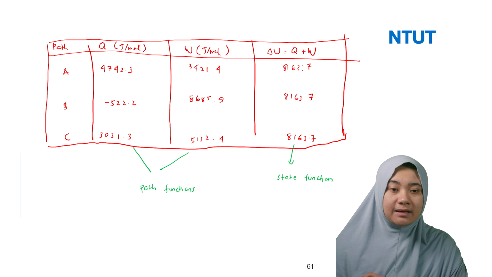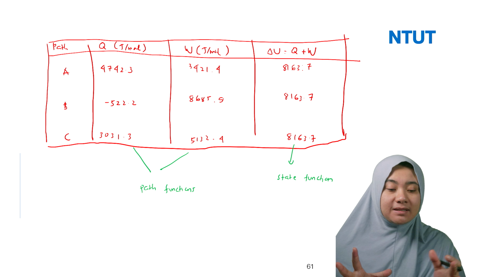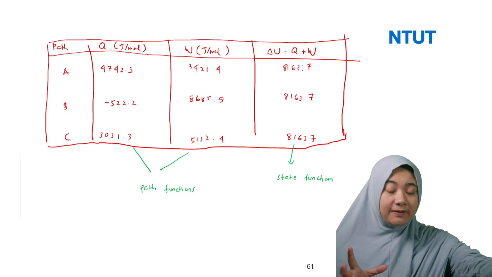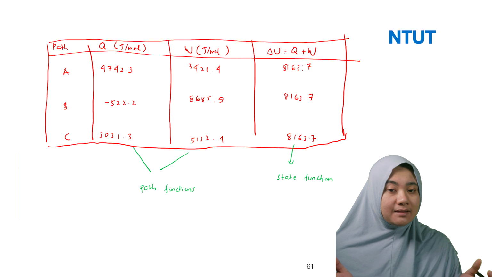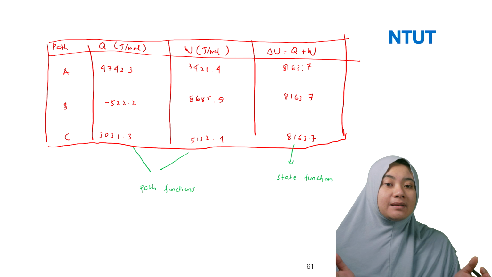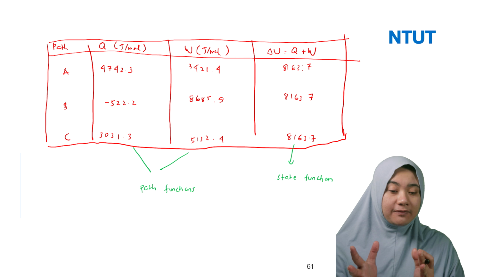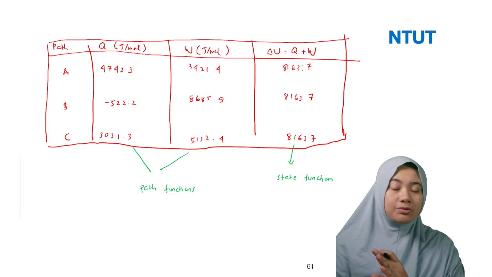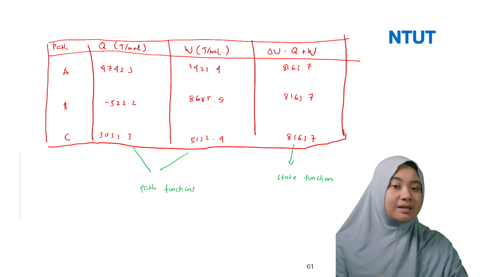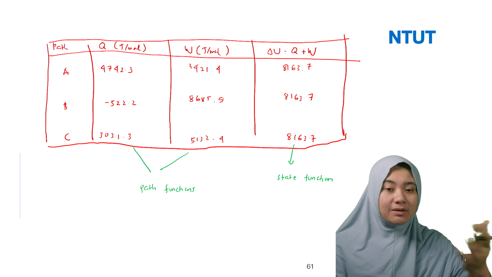That's the reason why, for path functions, even when you go to the same final state by a different path, the result is totally different. For example, if you would like to evaluate some processes and know which one is more efficient, is the work less or do you need more work?